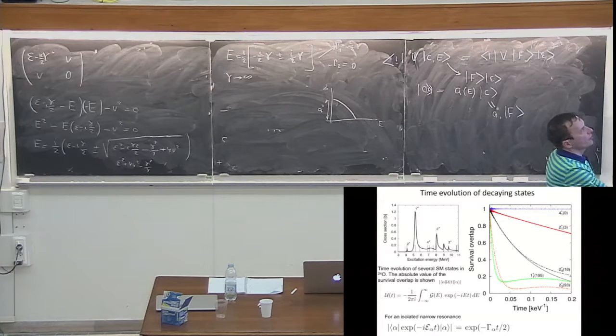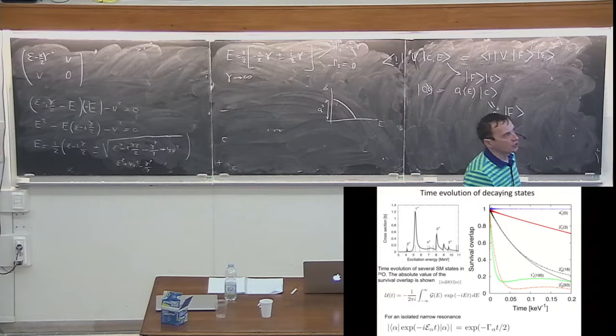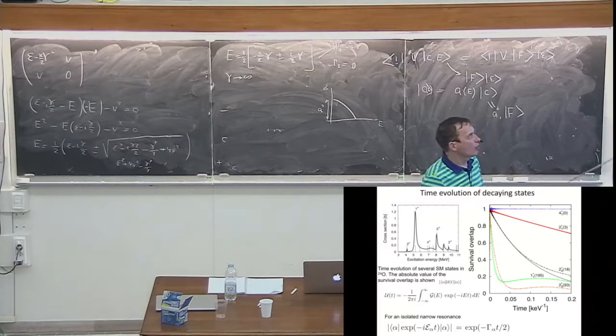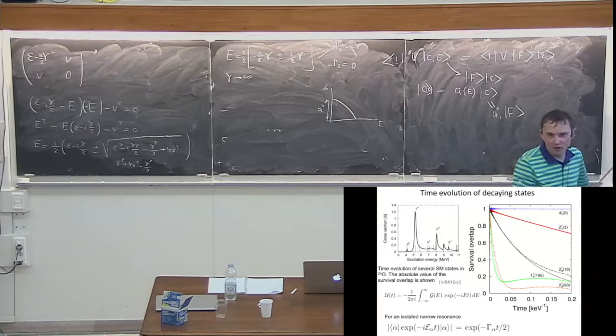For example, if we look at the 2 plus 1 state, it is here. This is nearly a straight line because it's nearly exponential decay. Other states do not really decay exponentially. For example, this state 4 plus 1 is a constant. So it's actually not decaying at all, and you don't see it here.